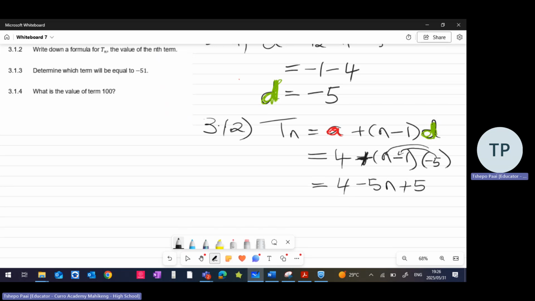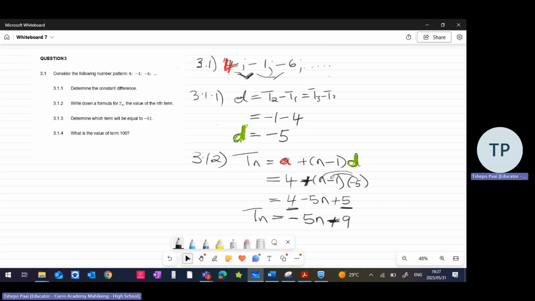Therefore, our Tn will be equal to, these are like terms, 4 and 5 are like terms. So we will first write our -5n, and what is 4 plus 5? 4 plus 5 will give me +9. So that is our Tn for this number pattern.